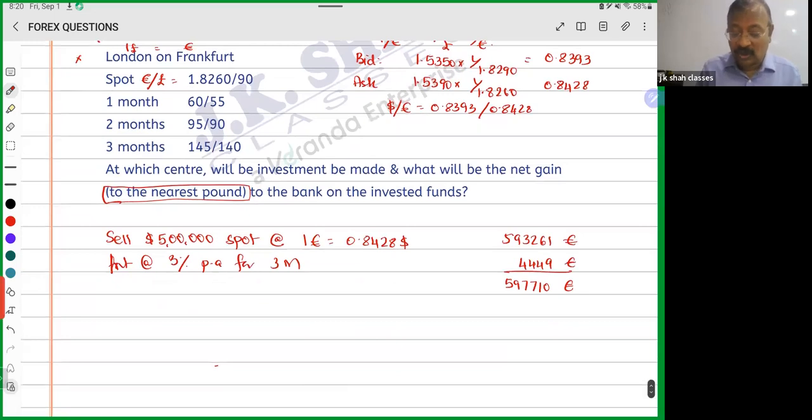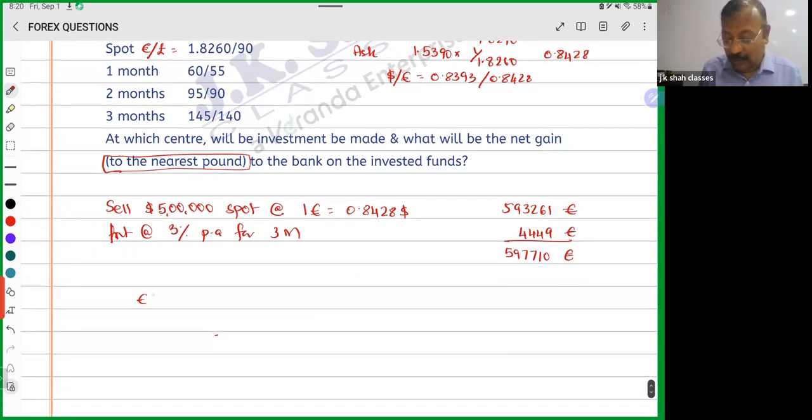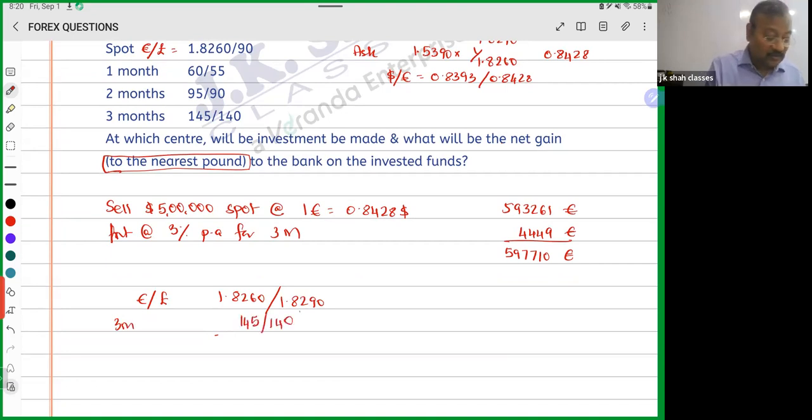Now, euro pound quote is already given, but the only thing is the swap rate. Euro pound spot is 1.8260, 1.8290, and 3-month swap is 145, 140. So 1.8260 minus 0.0145, 1.8115, and 1.8290 minus 0.0140, 1.815.